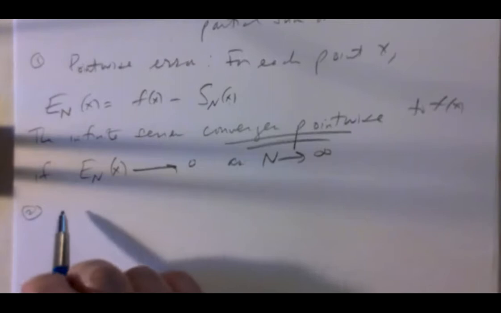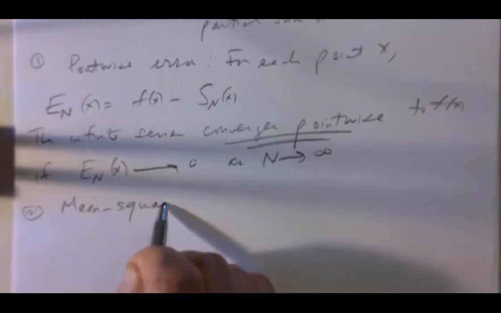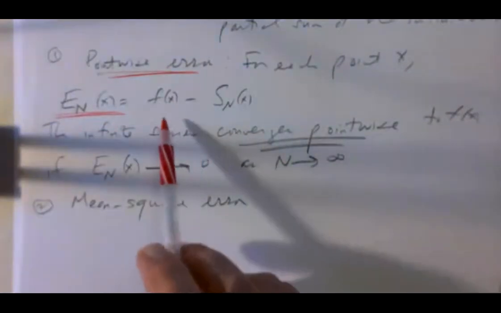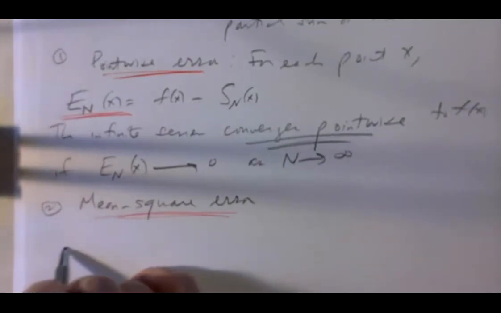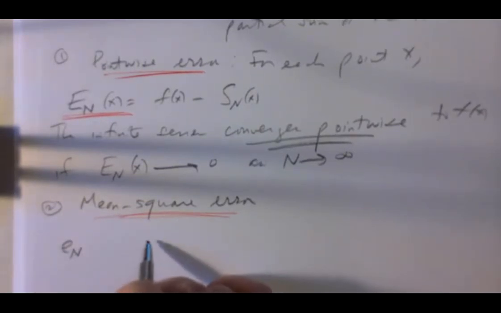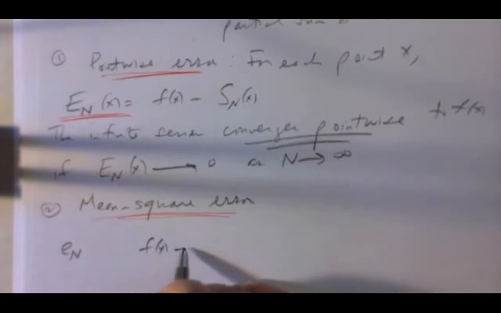We also have what is called the mean square error. Remember, the pointwise error was this. It's the difference between f of x and Sn of x at each point. The mean squared error is a kind of average error. We'll write a lowercase e sub n. We look at this pointwise error.